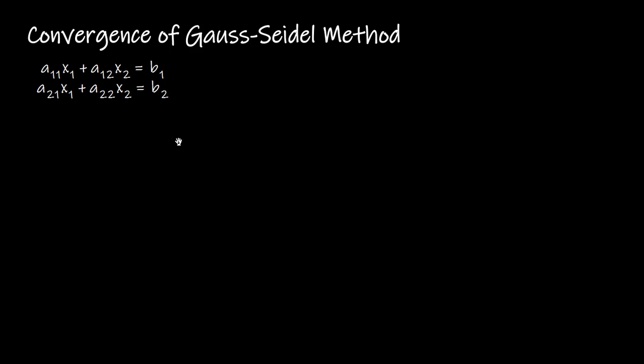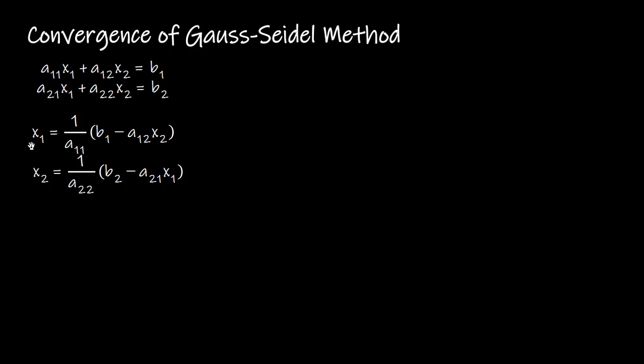The algorithm of the Gauss-Seidel method says that we need to find the solution expression of the first variable from the first equation and the solution expression of the second variable from the second equation. So we need to find the solution expression of x1 from the first equation. We move the second term to the right hand side of the equation and remove the coefficient a11, which is multiplied with x1.